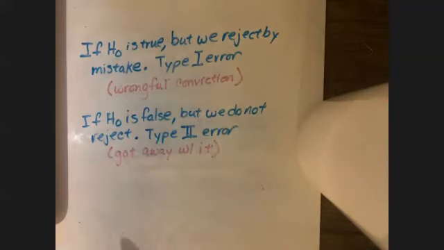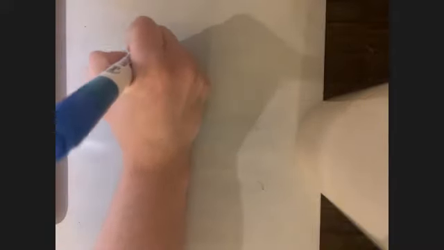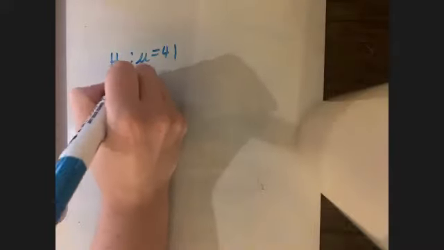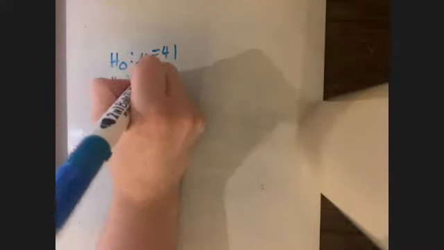Okay. So now, taking a look at another couple of examples. Out of our packet here, they were checking H naught: mu is 41. The alternative is that mu is greater than 41.